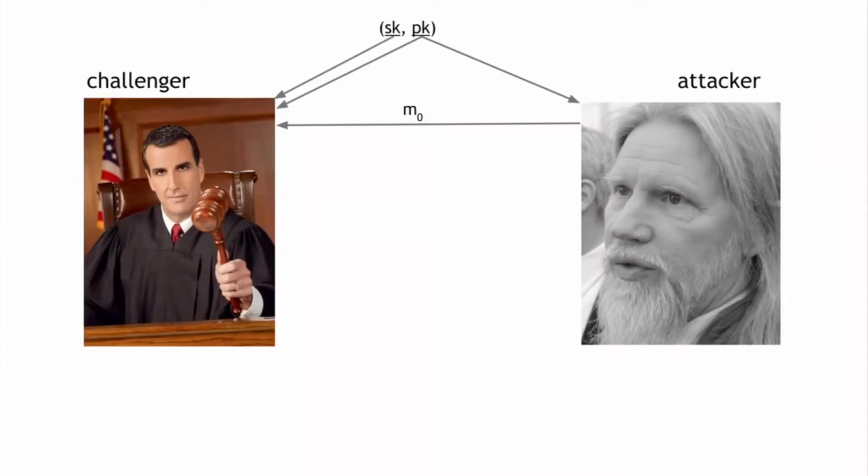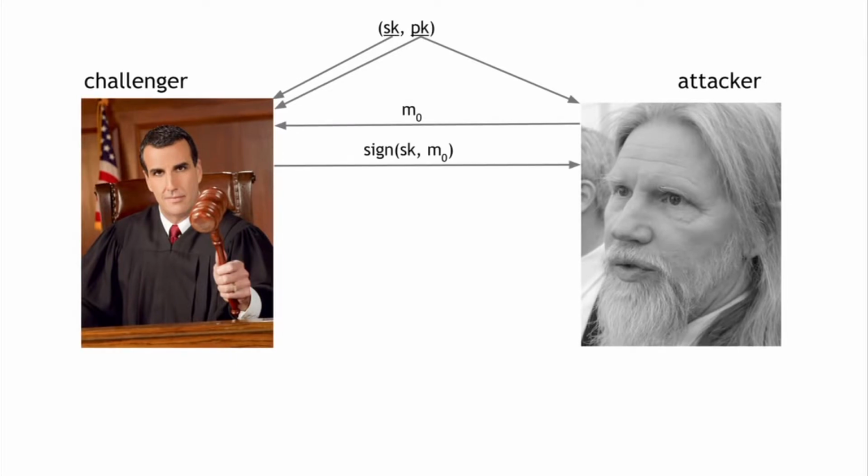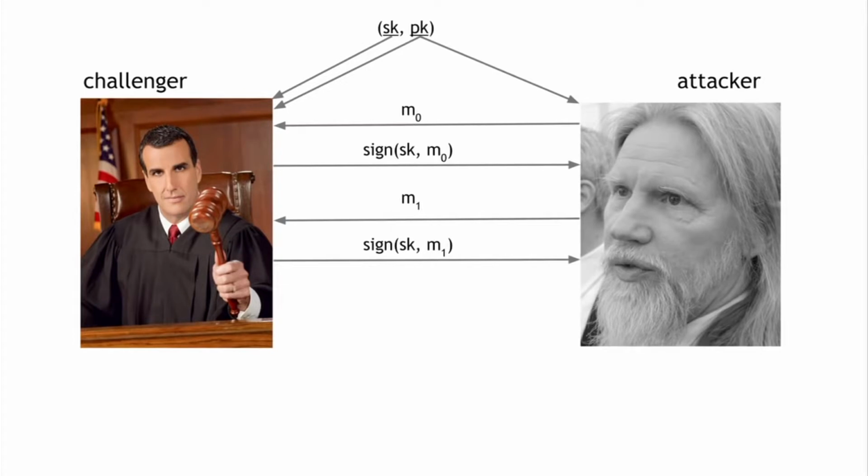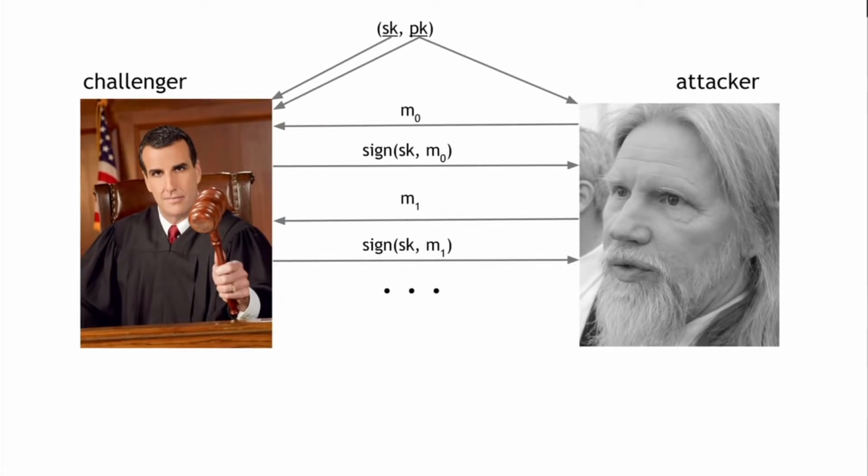And we see that in the diagram like this. The attacker is going to send over a message M0 to the challenger, and the challenger is going to sign that message and send the signature back. The attacker can look at that, scratch his head a little bit, and send over another message, M1. The challenger will sign that, and we do that for as long as the attacker wants. The attacker can send over any sequence of messages he wants and get signatures on them.